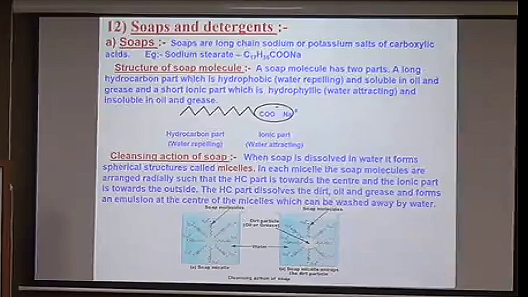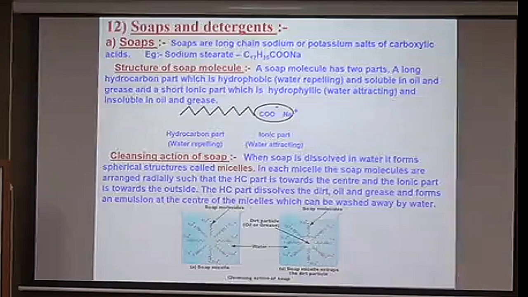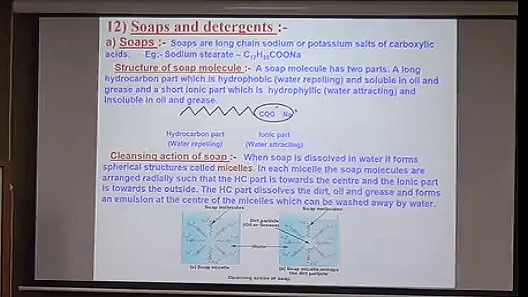When we put soap in water, all of you can look at the diagram. So what happens? Let this be the ionic head and this be the carbon chain of soap.